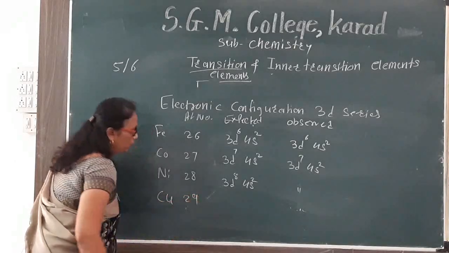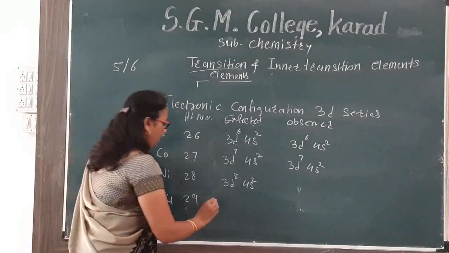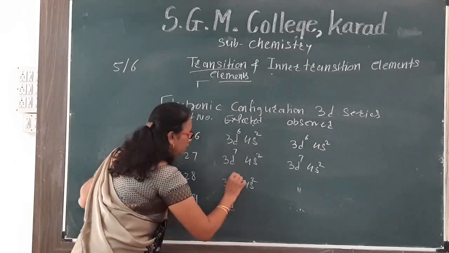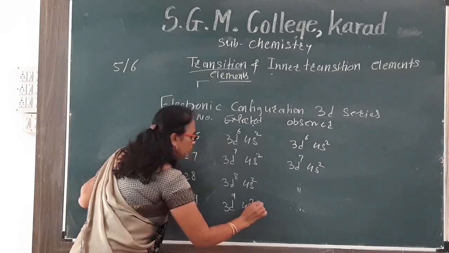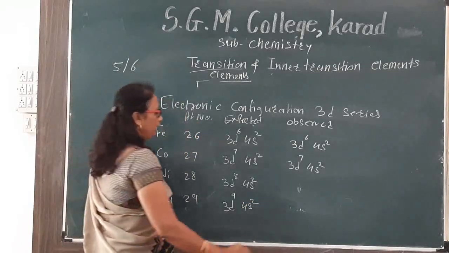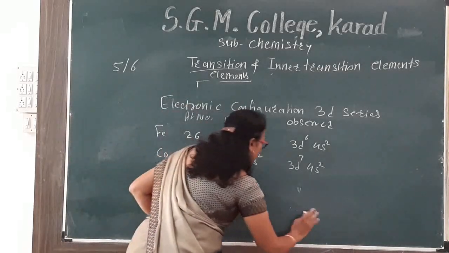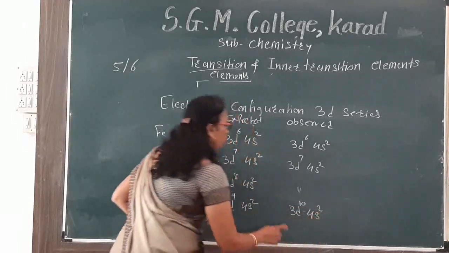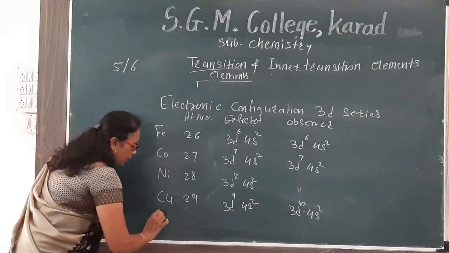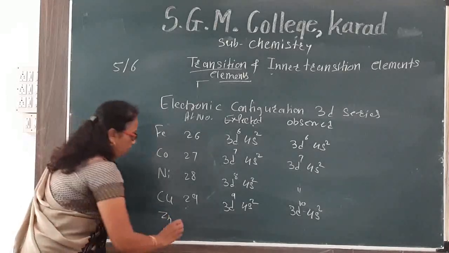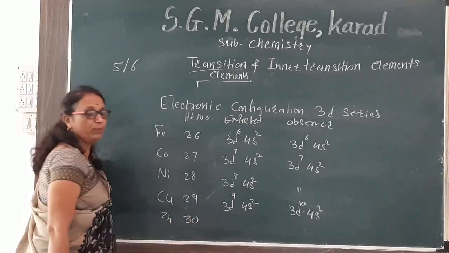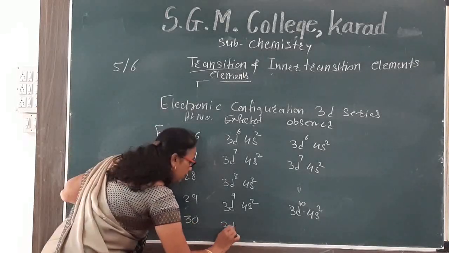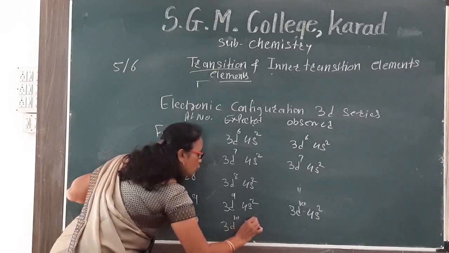Cu, atomic number 29. Its expected configuration is 3d9 4s2. But its observed configuration is 3d10 4s1. We will see later. The last one is zinc, atomic number 30, with configuration 3d10 4s2.